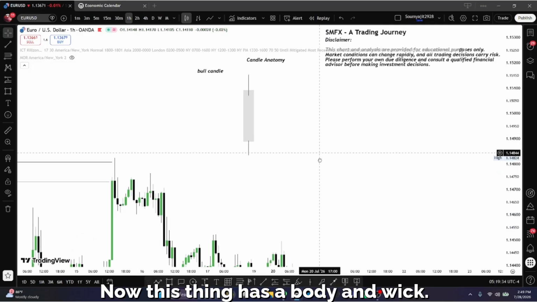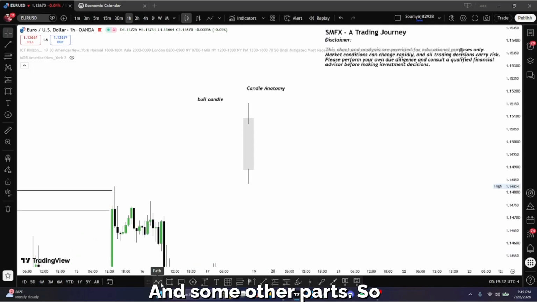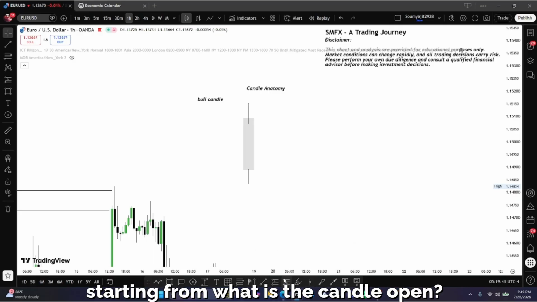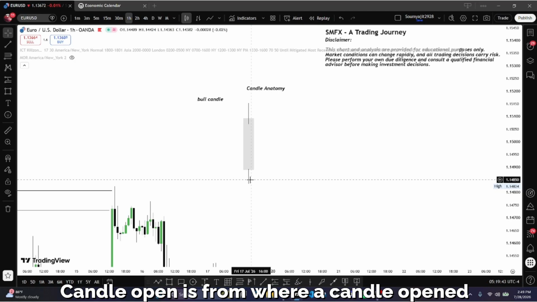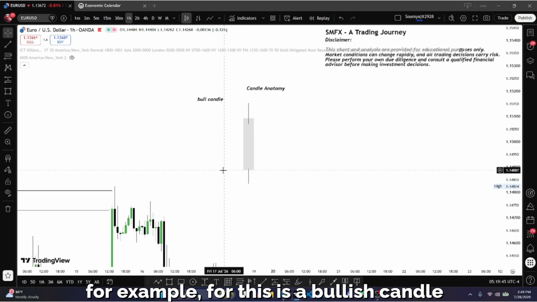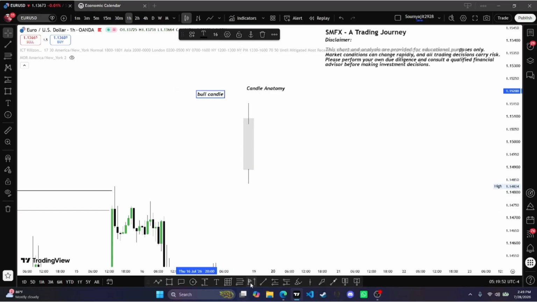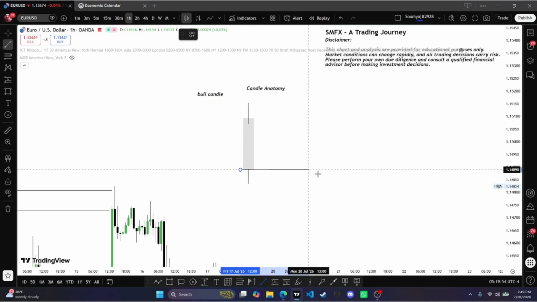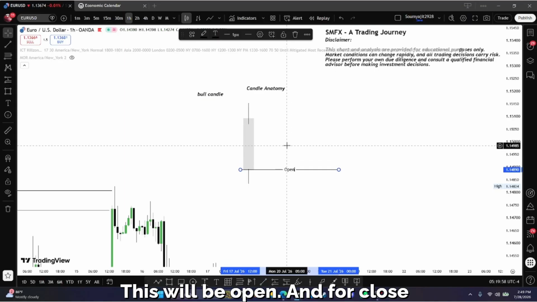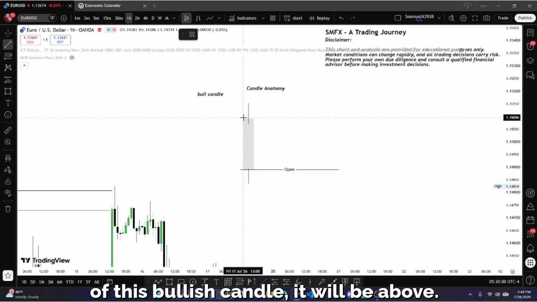Now, this thing has a body, wicks, and some other parts. Starting with the candle open: the candle open means where the candle opened. For example, this is a bullish candle, so the open will be at the bottom of this area. And the close of this bullish candle will be above.